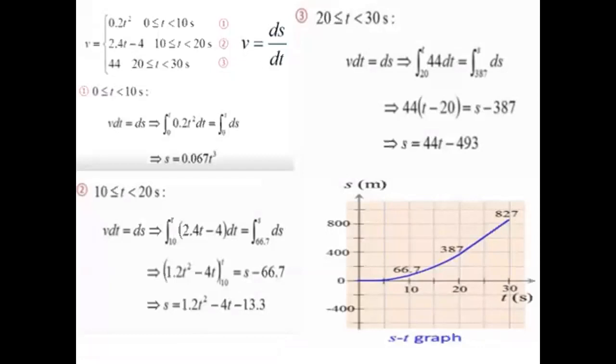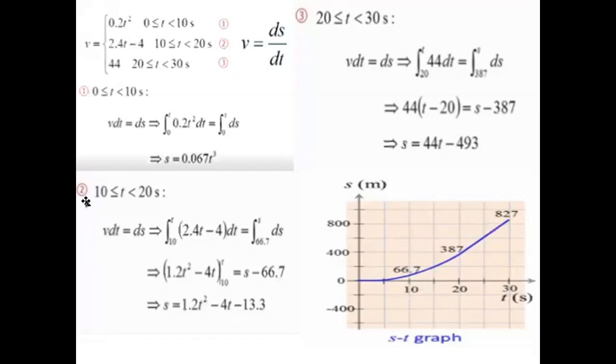For the first time period, we do the integration and we get the position s equals 0.067 t to the third power. We sketch it and find the position at the end of the time period. The position is 66.7, meaning at time 10 seconds.